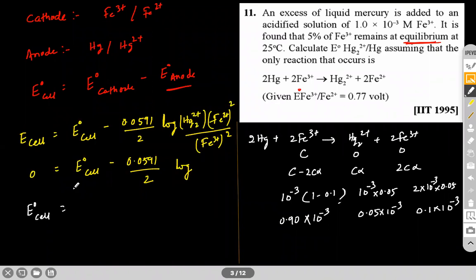So E naught cell is equals to E naught of cathode minus E naught of anode. When you solve this, we'll get some value here. So E naught of anode we need to find out, which is Hg2 plus, right, the reduction potential. So E naught of anode is equals to 0.7926.